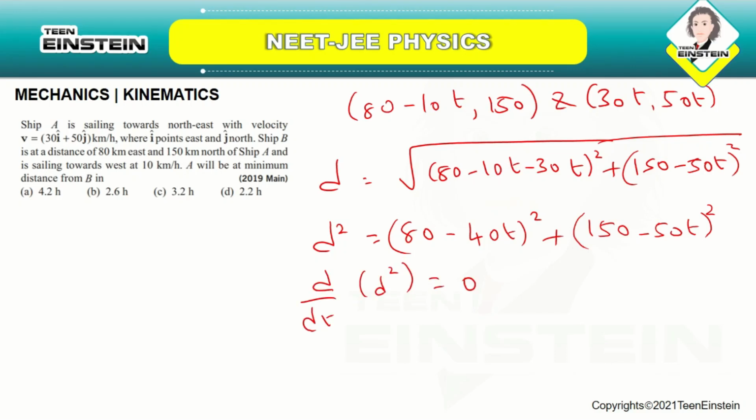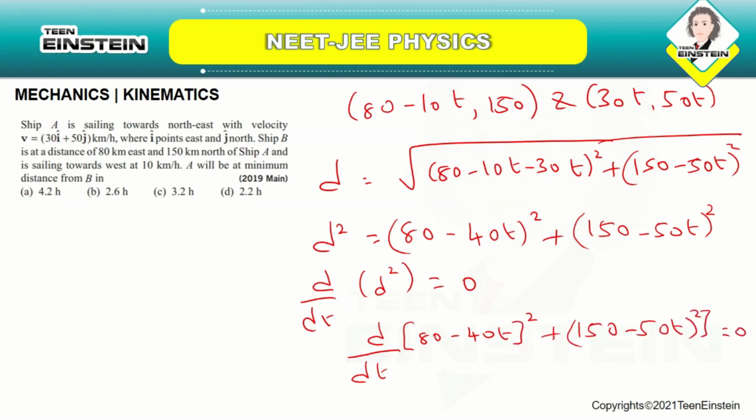So, you are going to differentiate this. d by dt of (80 minus 40t) the whole square plus (150 minus 50t) the whole square is equal to 0, because d by dt of d square is 0.